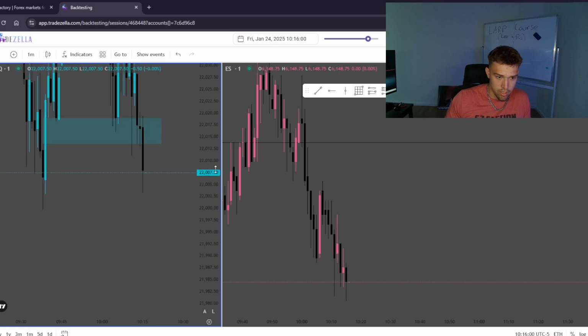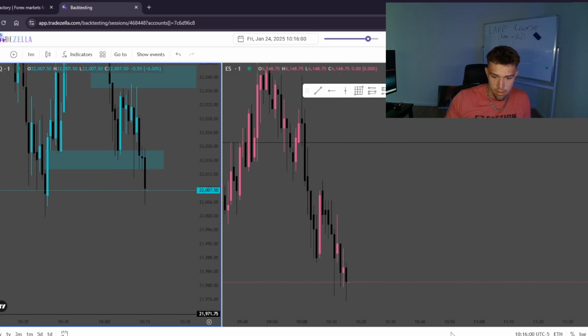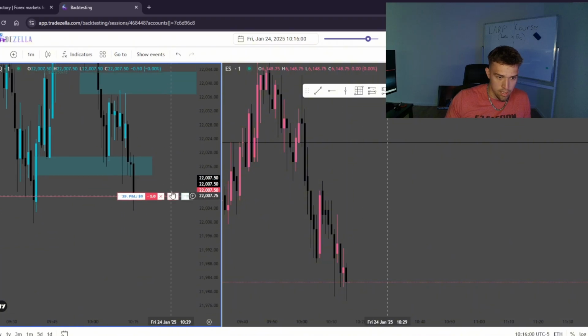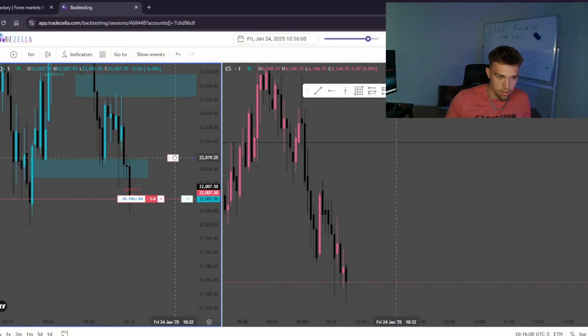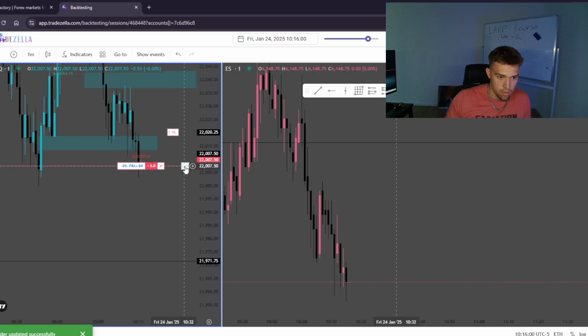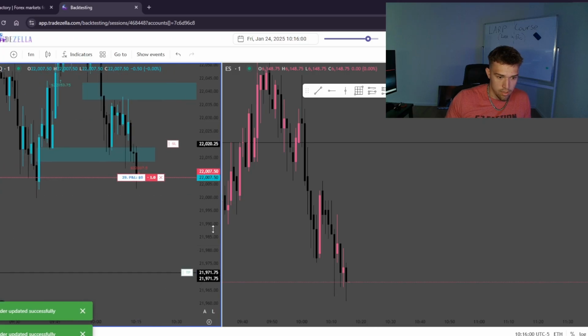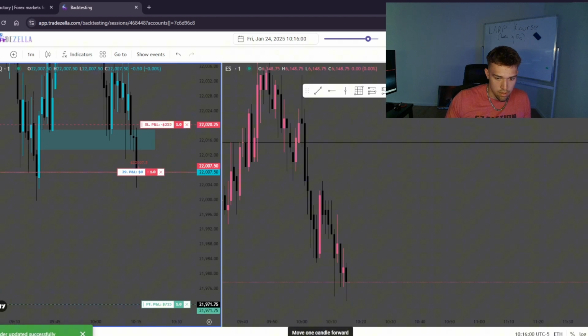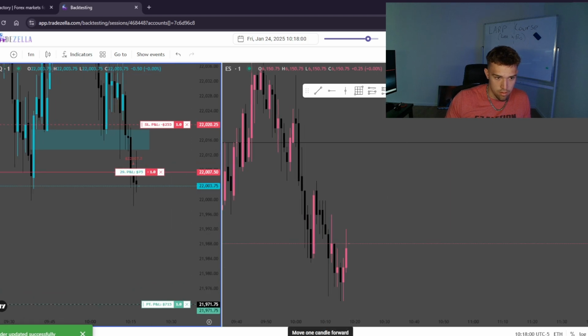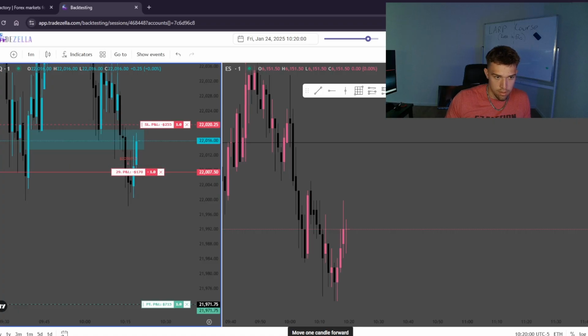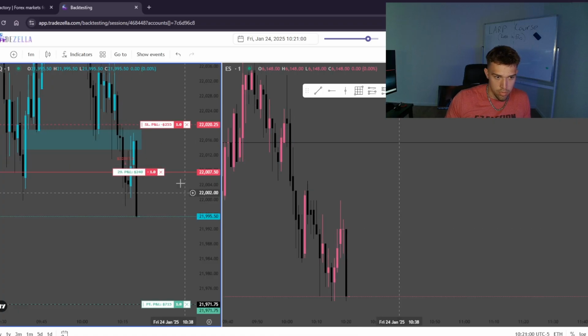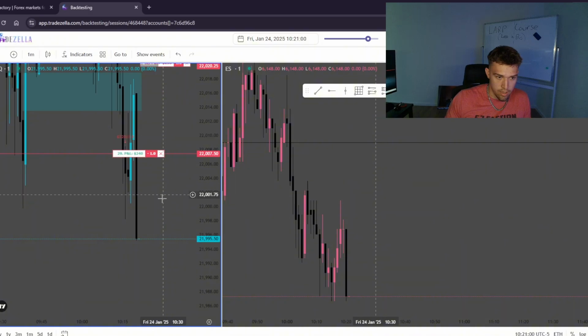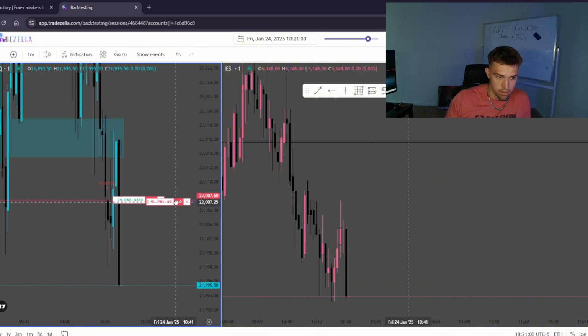So boom, I'm going to sell right here. Stops above this IFVG. And then my TP target is all the way down here. So boom, right there, we are going break even.